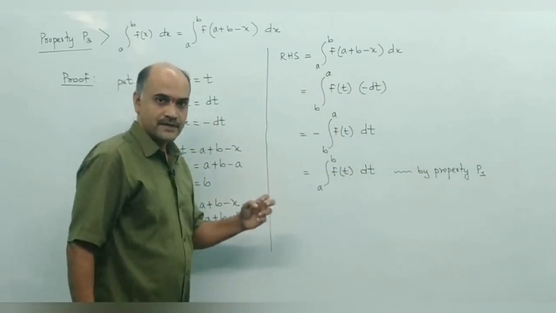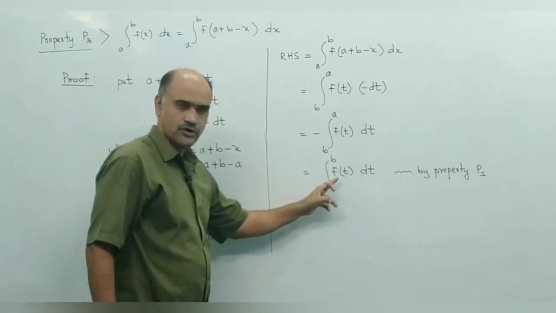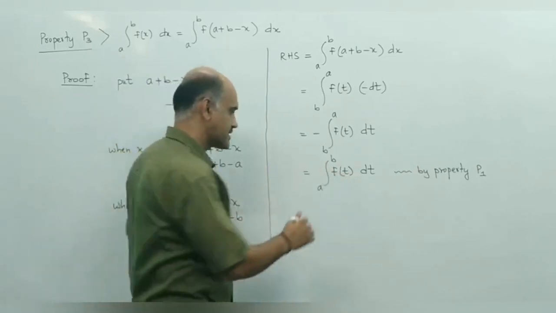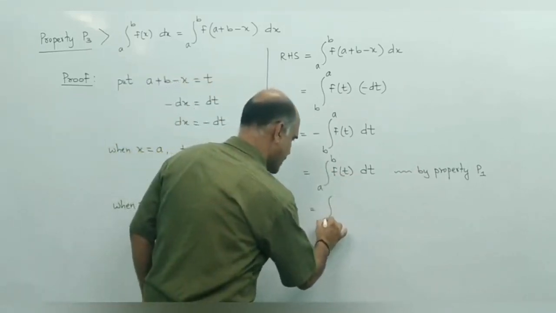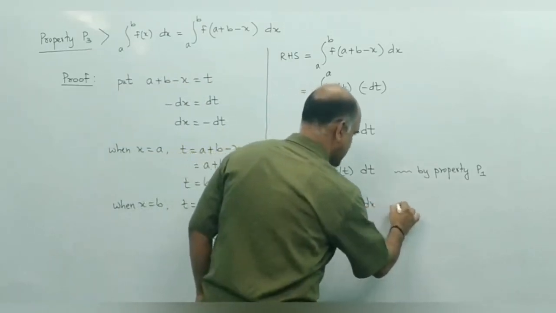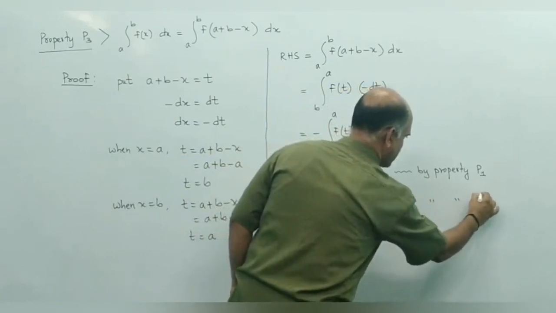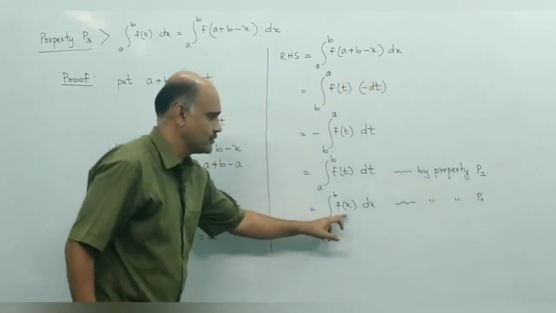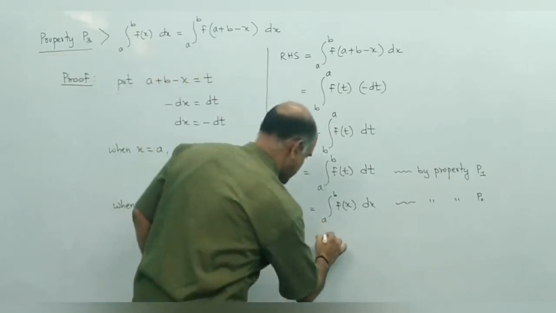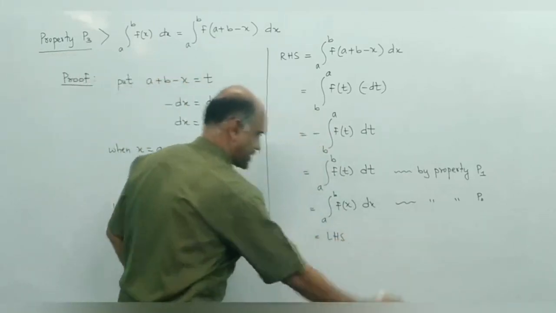Now the first property, or P naught, says that even if in place of t you take x, the value remains the same. So this is equal to integration a to b f of x dx. This is by property P naught. And integration a to b f of x dx is nothing but our LHS. So this is equal to the LHS.